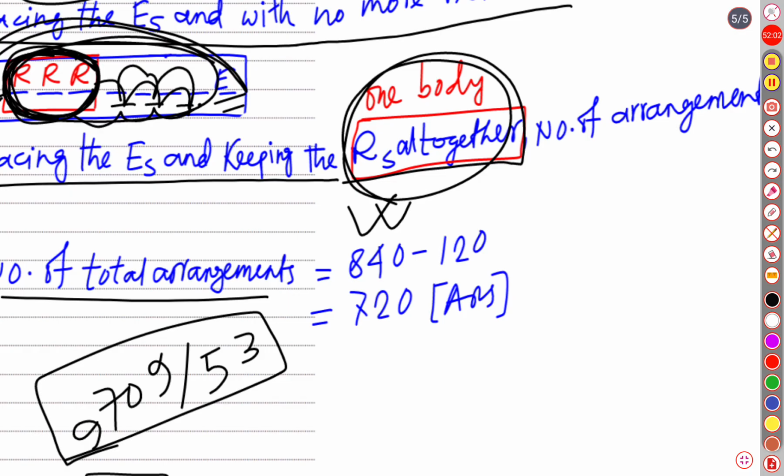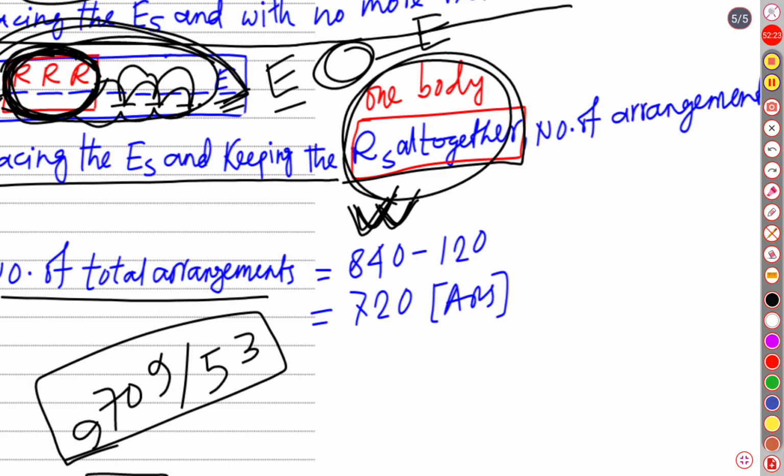That means considering these r's were not considered as one unit, if only e's are fixed at the beginning and at the end, then without any other restriction we have got 840 ways.